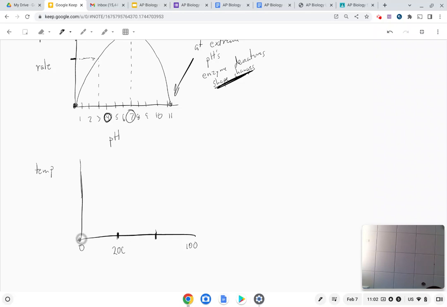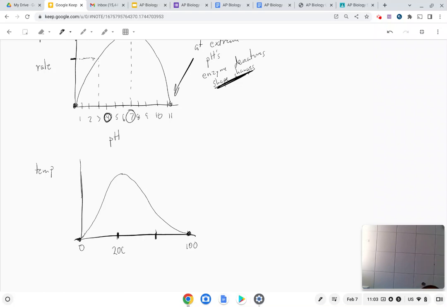At 0, we're not going to have any rate of reaction, but as it gets warmer, we might start to see some reaction. It'll probably reach its peak around 20 because that's body temperature. And then if you get much hotter than that, it's going to decrease down to 0. You get to boiling, and the enzymes will have warped and changed shape too dramatically.